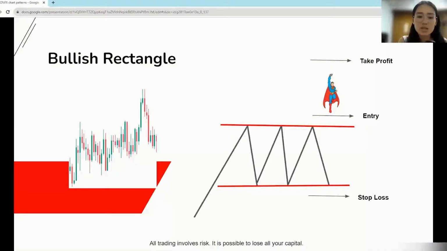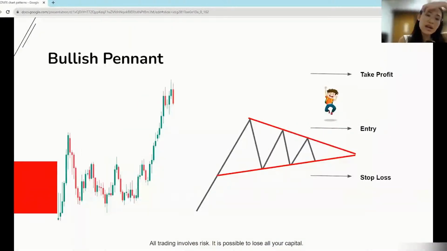Okay. Next, let's take a look at bullish pennants. So for bullish pennants, some people call this flag shape as well. So yeah, it's entirely up to you what you want to call it, but it's all about the same. So for a bullish flag, we have this shape here.